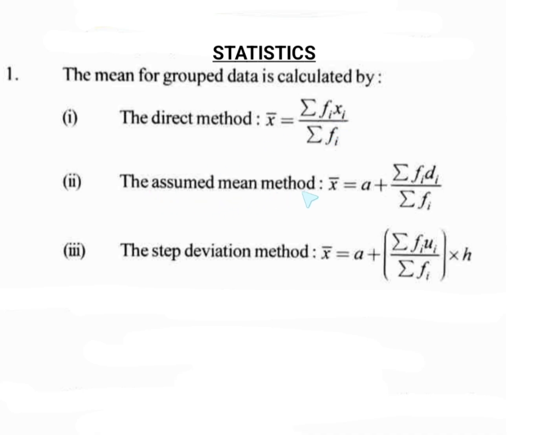In the assumed mean method, x bar is equal to a plus sigma fi di by sigma fi. The step deviation method is x bar equal to a plus sigma fi ui by sigma fi into h.